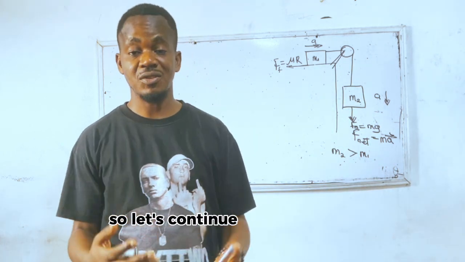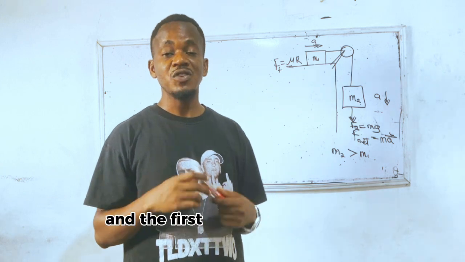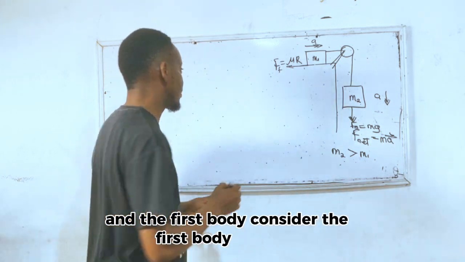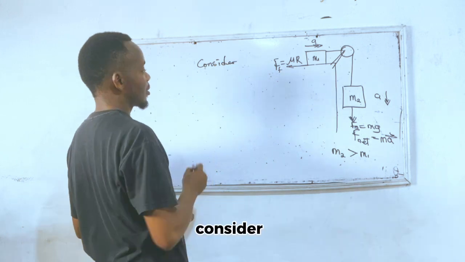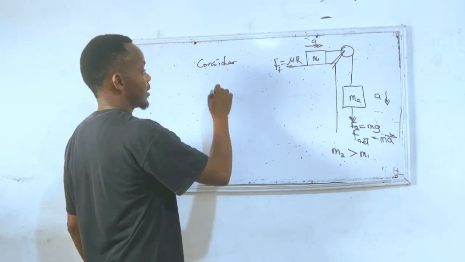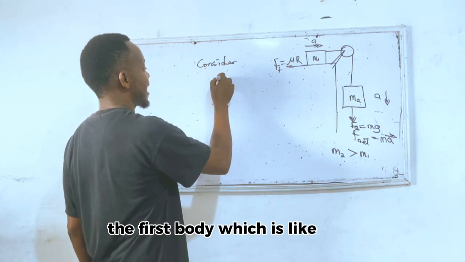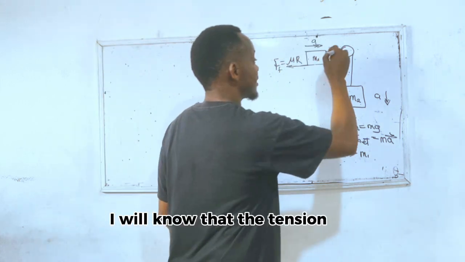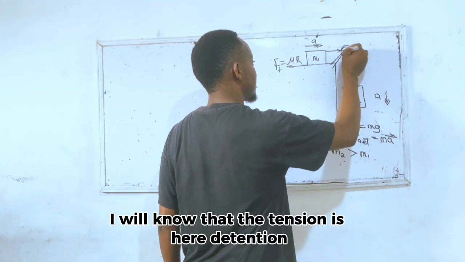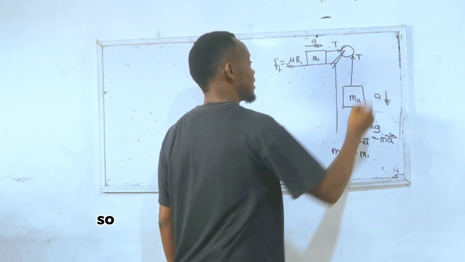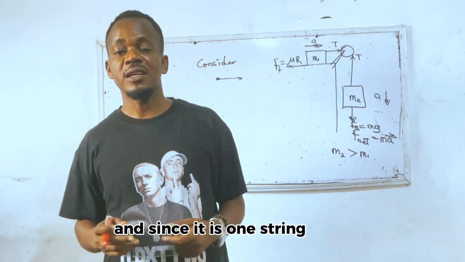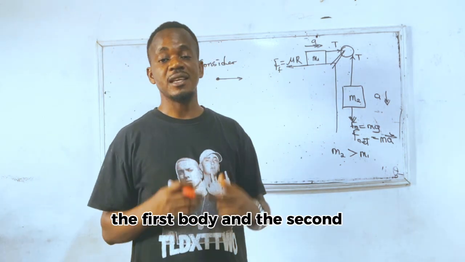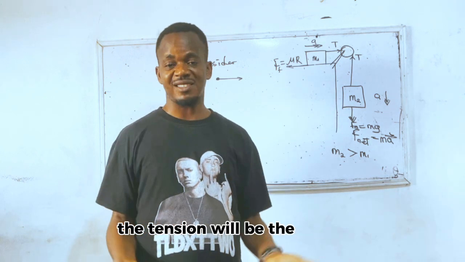So let's continue with the first body. Consider the first body, which is like this, and we know that the tension is here. Tension is always acting on the string, and since it is one string holding the first body and the second body, the tension will be the same.